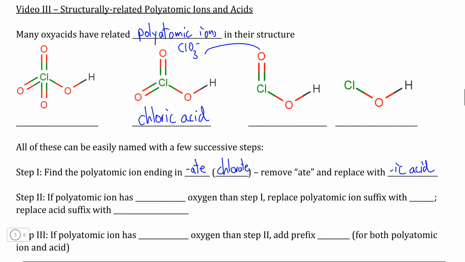Now if we go to this acid here, we can see that the polyatomic ion has one fewer oxygen and goes by the chemical formula ClO2- instead, and therefore this polyatomic ion, ClO2-, would actually go by the name chlorite here, and that likewise forms the basis of our naming system because the polyatomic ion suffix is ITE, and therefore it won't be an ic acid but would actually be an OUS acid instead.